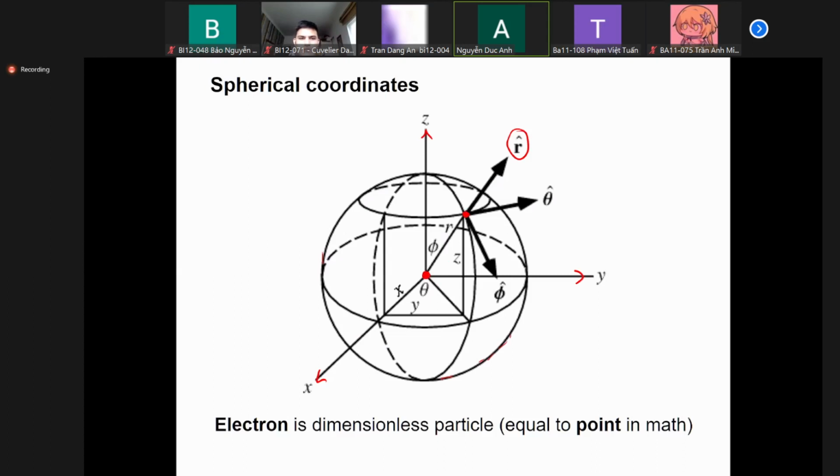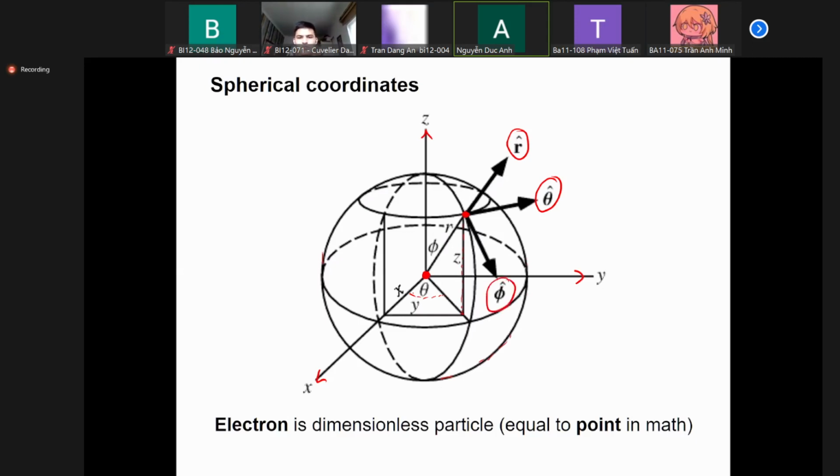The second one is the theta angle, sometimes called the azimuthal angle. This is the angle between the x-axis and the projection of that point onto the x-y plane. Then you will have a phi angle, or sometimes we call it the zenith angle.